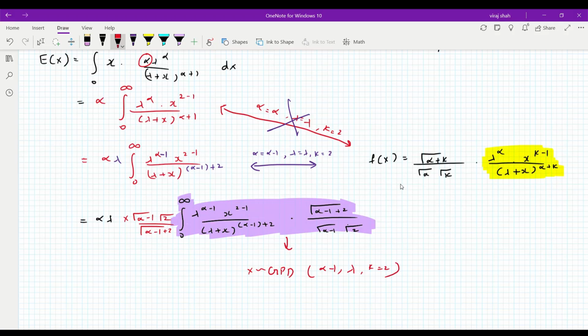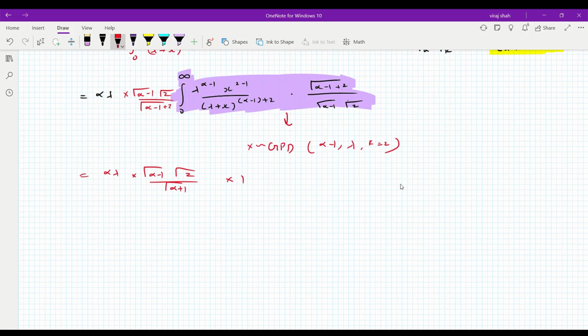And the sum of this is nothing but the PDF, right? So the sum of the PDF for all the values is nothing but 1. So I'm left with this.